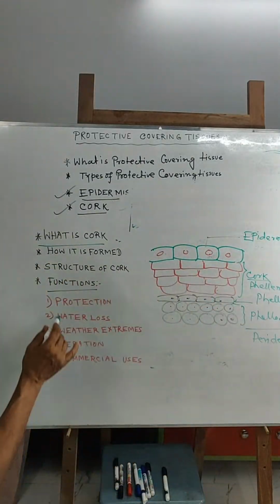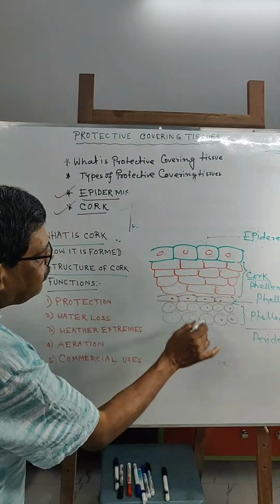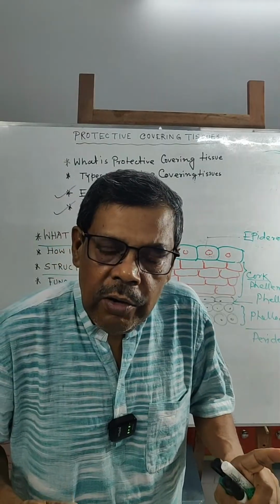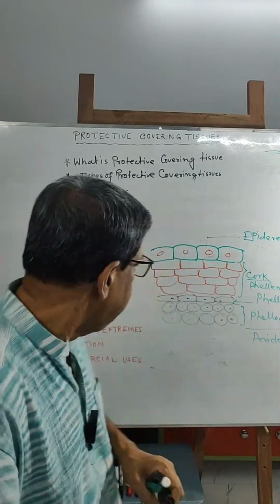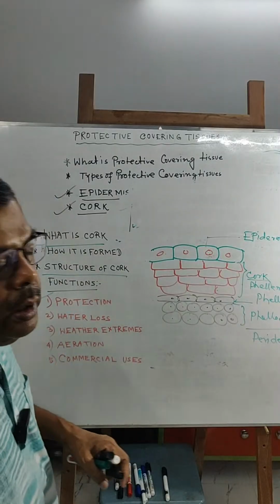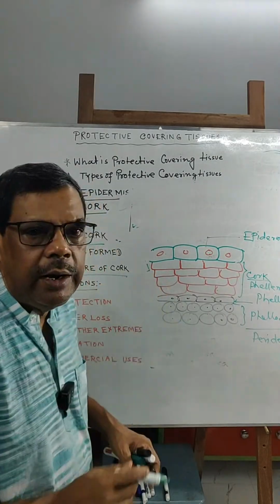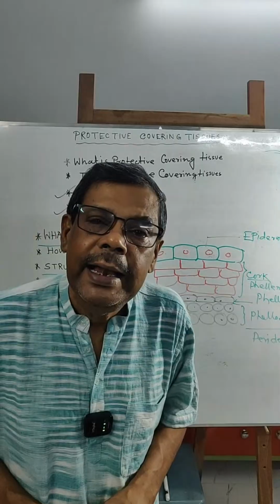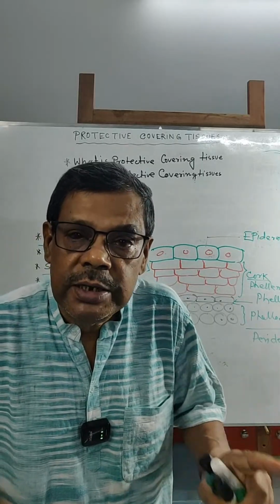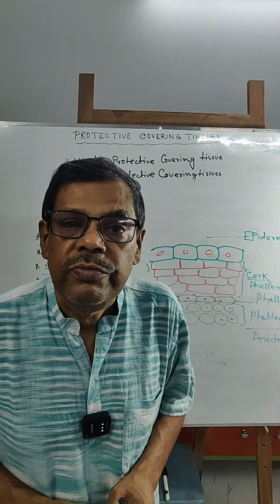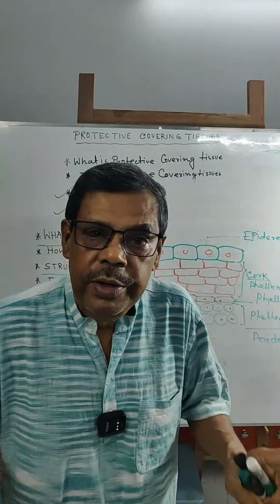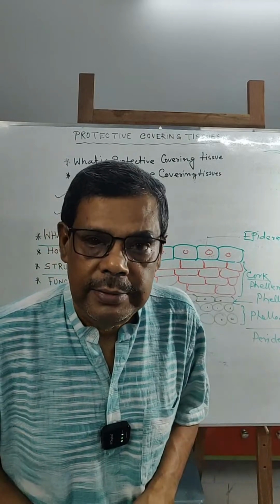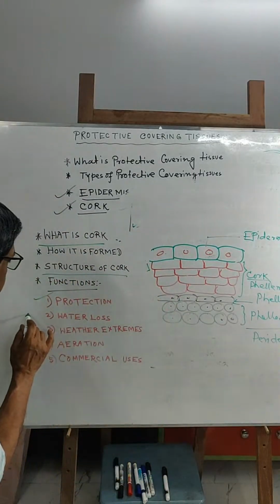Next, the structure of cork. I have said the structure of cork. Next, what are the functions of cork? First of all, protection. These cork cells give protection to the underlying tissues from mechanical injuries, the invasion or entry of germs, bacteria, viruses, pests, and other animals, and some kinds of browsing animals. Next, water loss.